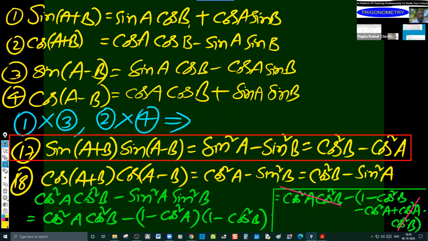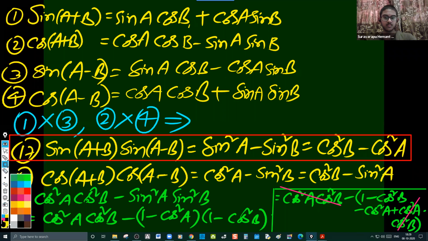And don't think that trigonometry finishes only in 11th. Not at all. You will have to apply this throughout calculus, differential calculus and integral calculus.